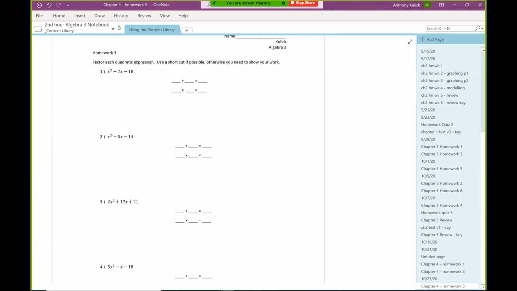Use a shortcut if possible. Otherwise, you need to show your work. So this is an assignment where I want you to use the shortcuts. And really from here on forward, if you can use a shortcut, I want you to use it. We don't need to be doing more writing than we need to, right? Let's try to get efficient at doing this.